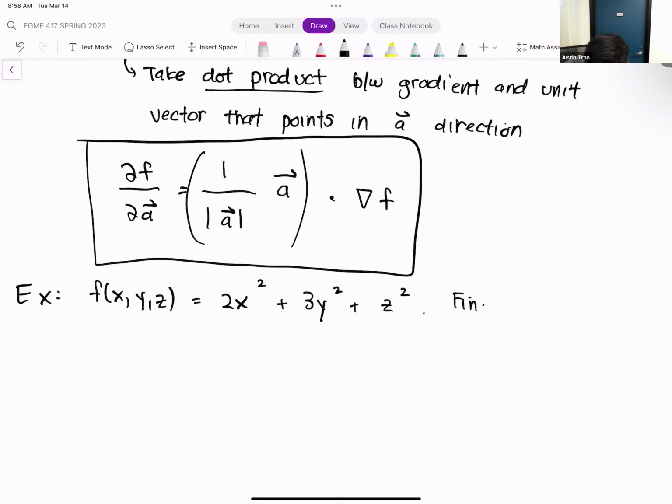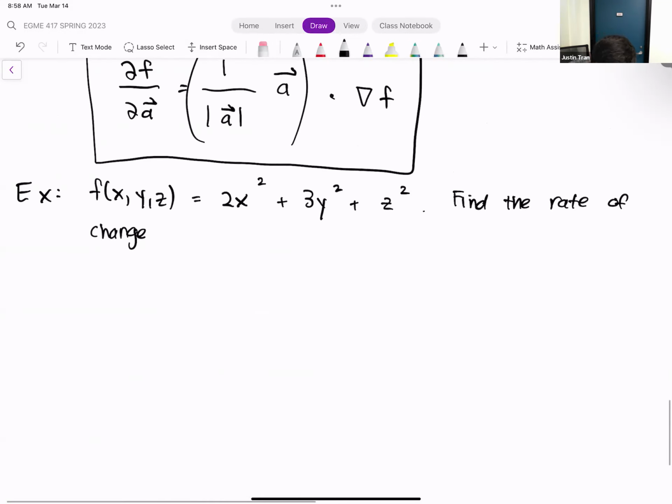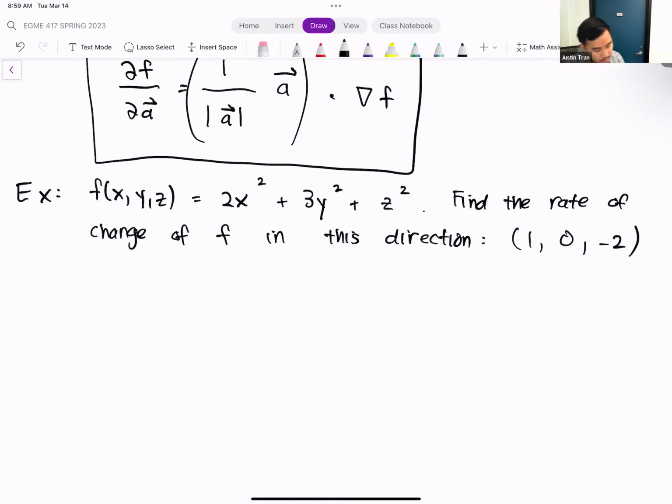You want to find the rate of change of f in this direction. We have 1, 0. Okay. So in other words, we want to take the directional derivative of f in the direction 1, 0, minus 2.